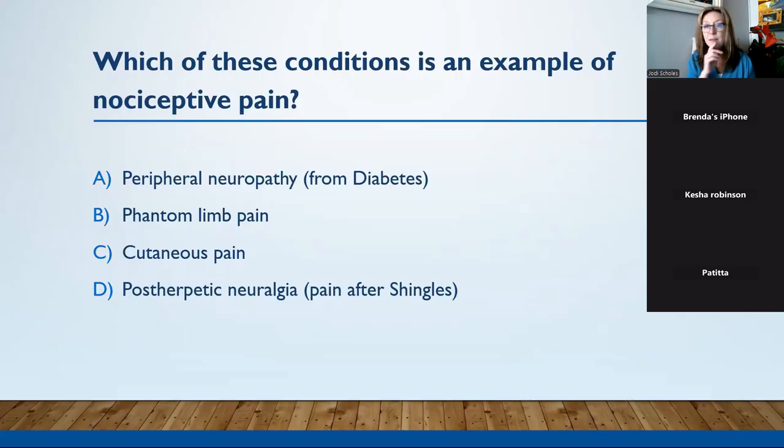What was the other kind of pain? Take a look. You wrote it down. I bet you did. All right, let's get rid of one wrong answer. Giving you a gift. Peripheral neuropathy from diabetes is not nociceptive pain.